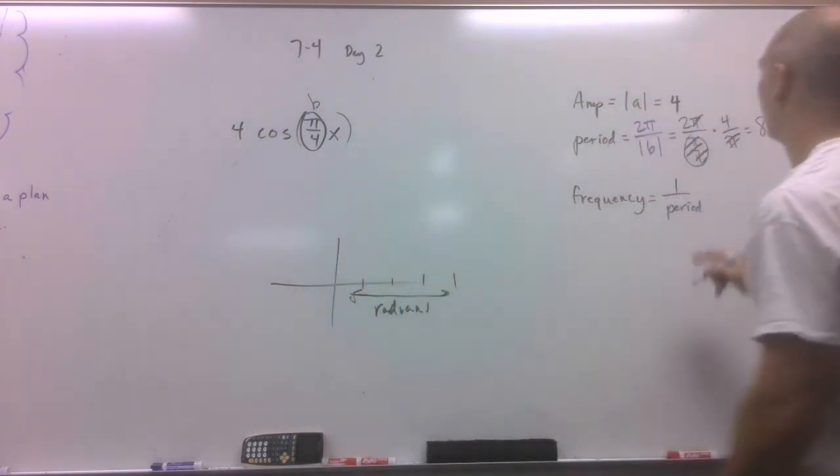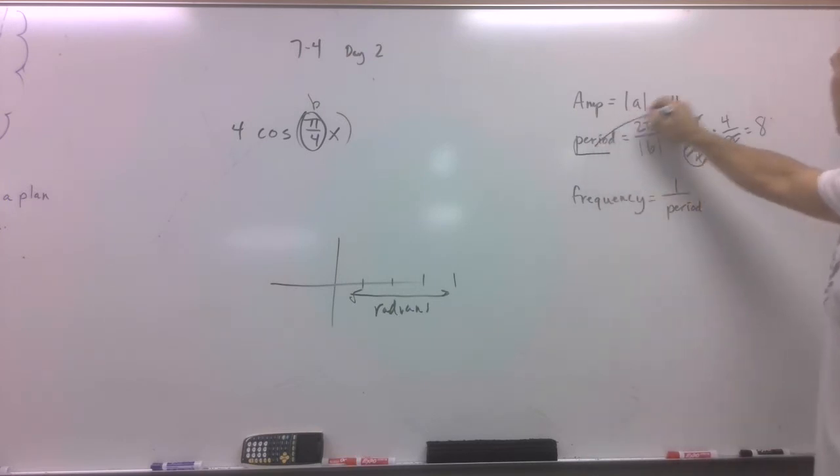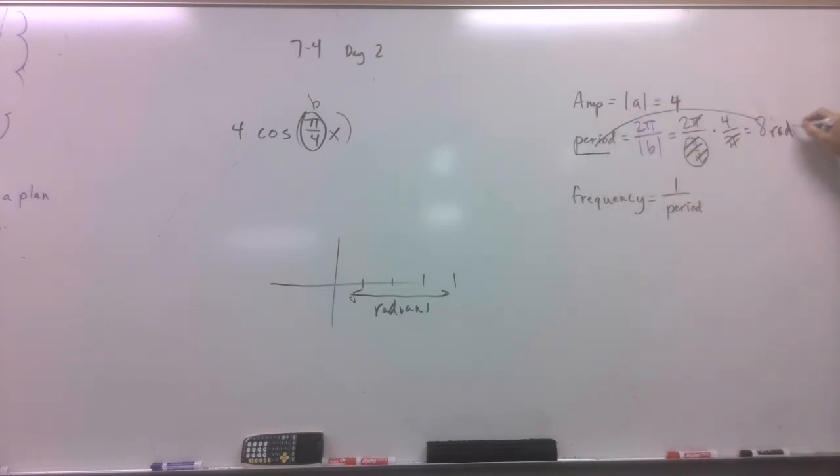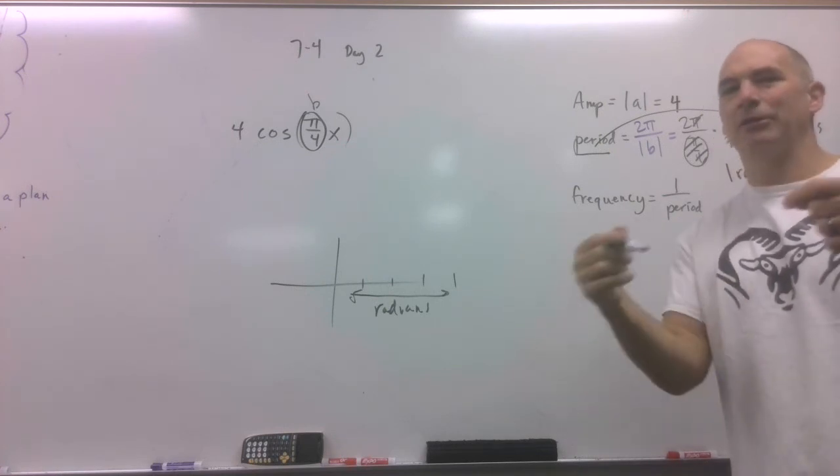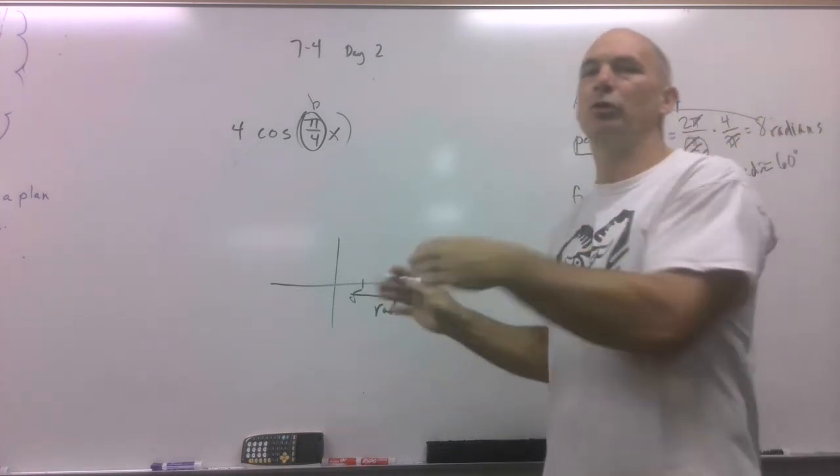In this case, when you use this formula, it always spits out radians. So you're like, remember 1 radian is approximately 60 degrees. So 8 times 60 is 480 approximately. So how are we supposed to get really precise with that on a graph? I think that's nearly impossible to do by hand.